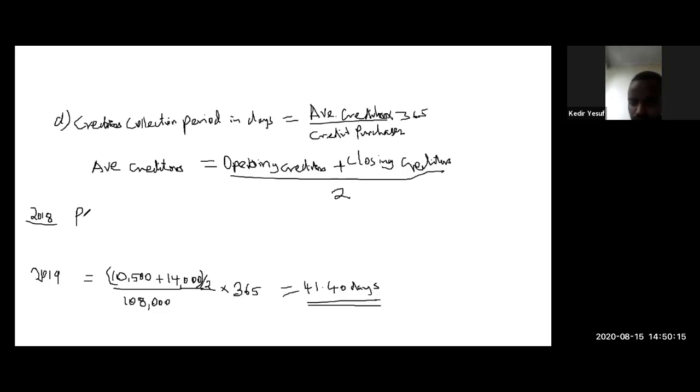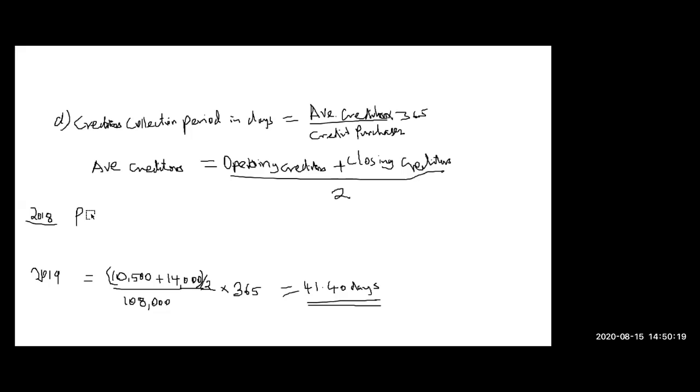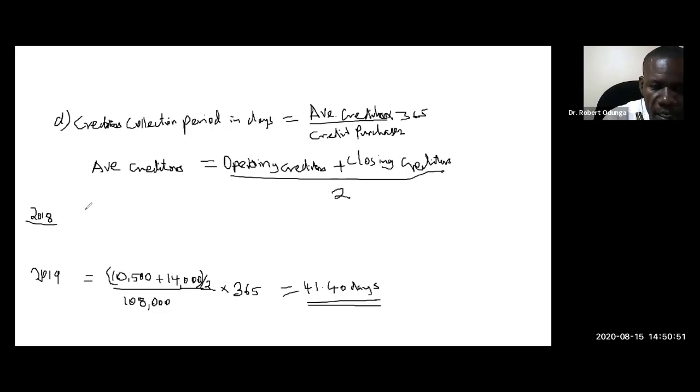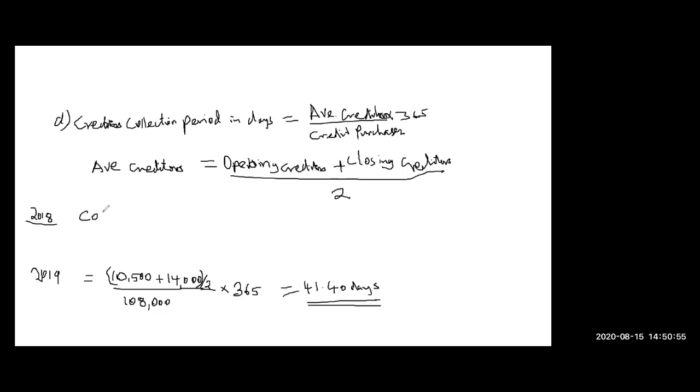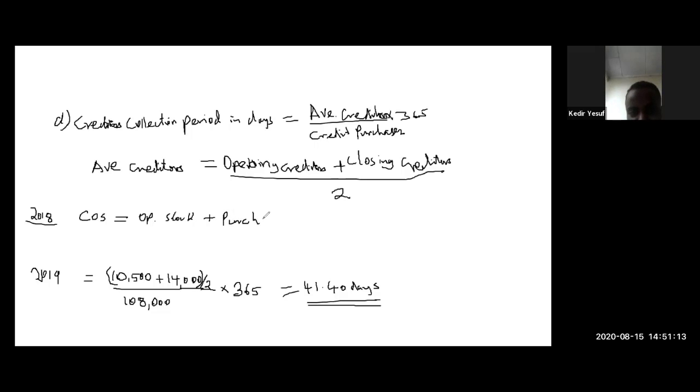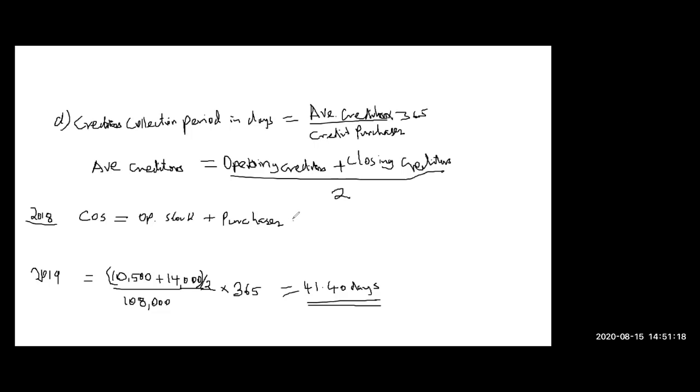So for 2018, cost of goods sold is equal to opening stock plus purchases minus closing stock.